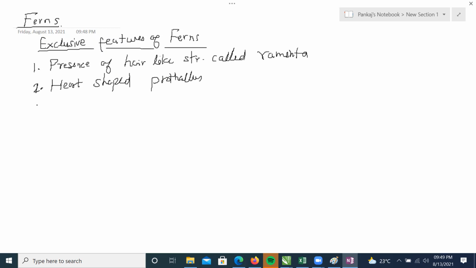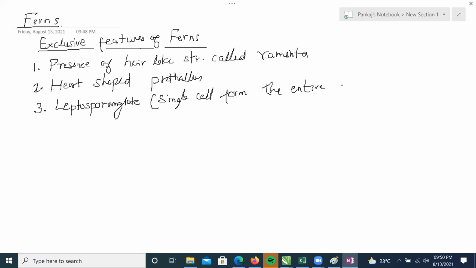Okay. Third, leptosporangiate, while lower pteridophytes are eusporangiate. So what is the meaning of leptosporangiate? A single cell forms the entire sporangium.